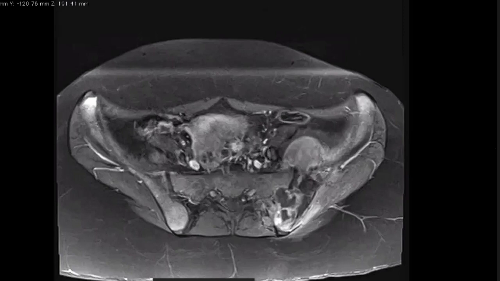But how would you distant stage them? Have they got any other lesion in other parts of the skeleton? It's a bone scan. Bone scan used to be done and probably still is being done, but it carries a lot of radiation. So what's the other thing that you can do which doesn't carry any radiation?